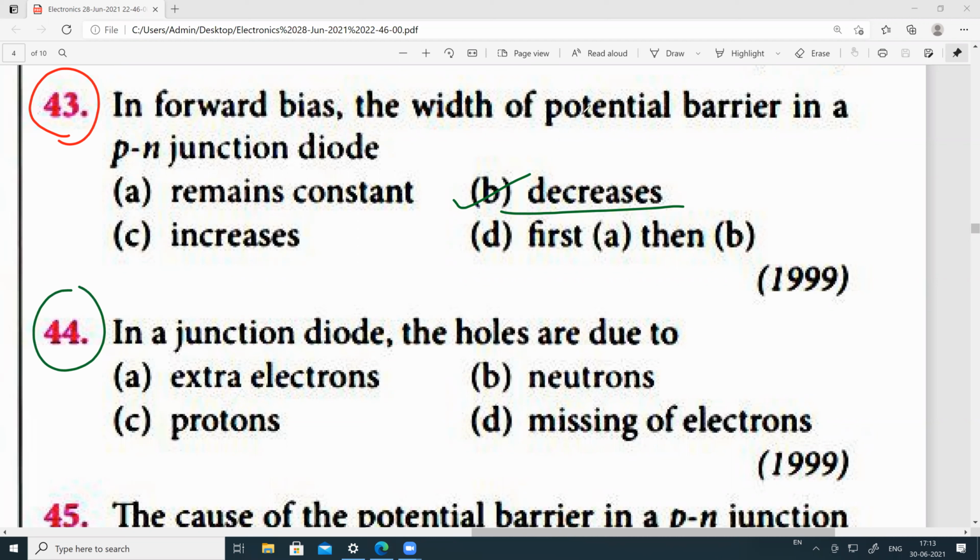Next, 44th one. In the junction diode, the holes are due to extra electrons, neutrons, photons, or missing of electrons. So in the junction diode, holes are due to missing of electrons is the right answer.